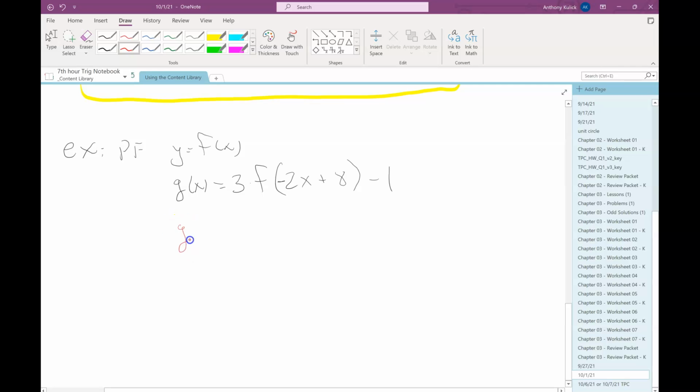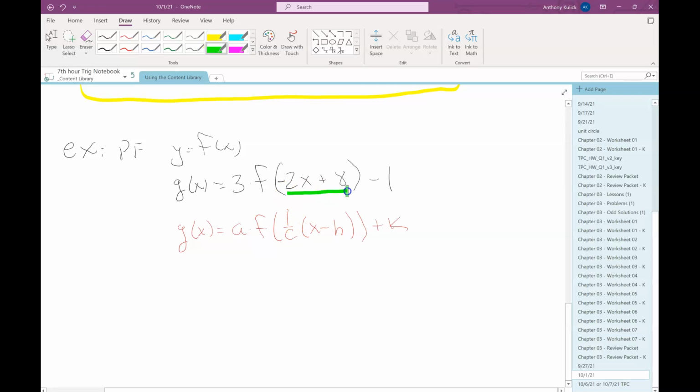So to do that, I'm going to basically just look at my general transformation. And I should be able to read the values from that. Now there is one little hiccup.